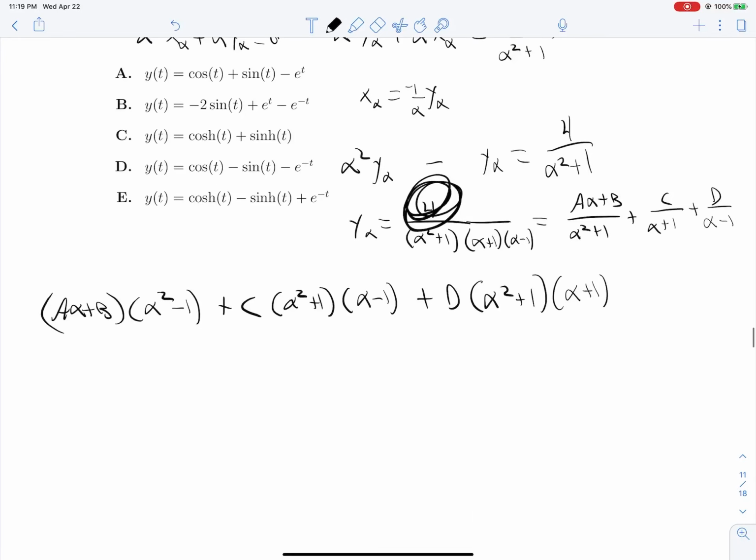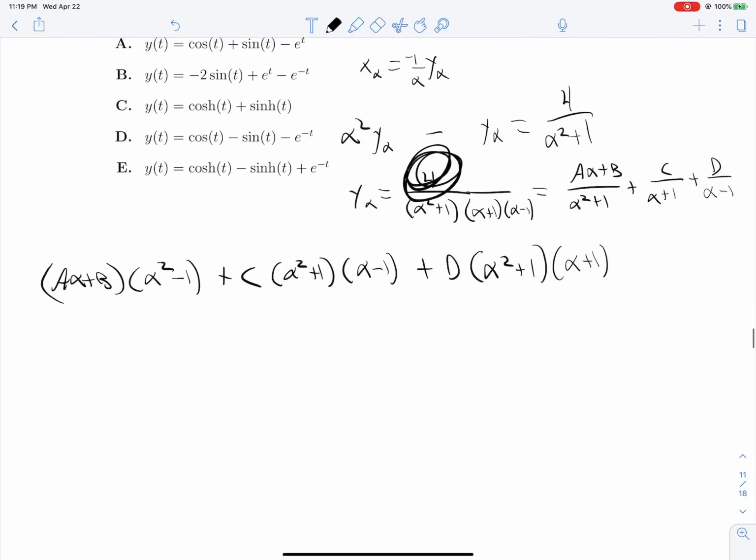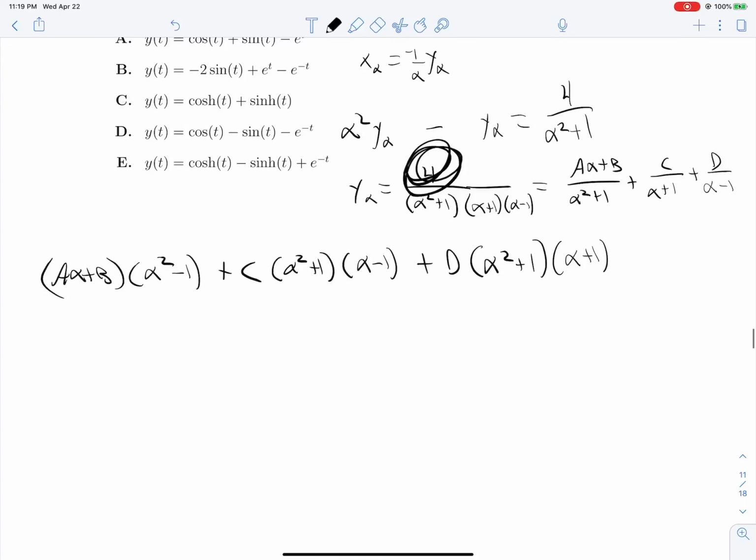Let's do some expanding. We will get a alpha cubed minus a alpha plus b alpha squared minus b.